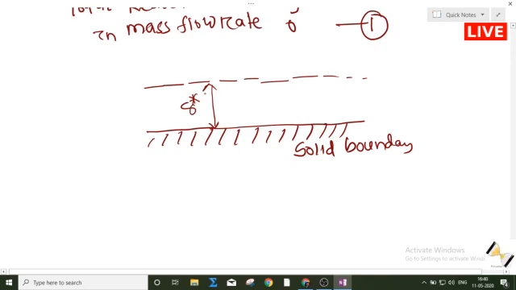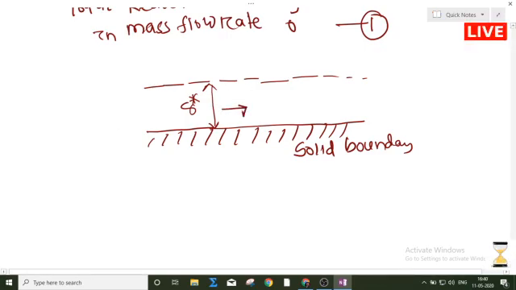In order to compensate the reduction in mass flow rate, the solid boundary has to be displaced to a distance of this delta star. The mass flow reduction is compensated. So what is the velocity in this zone?